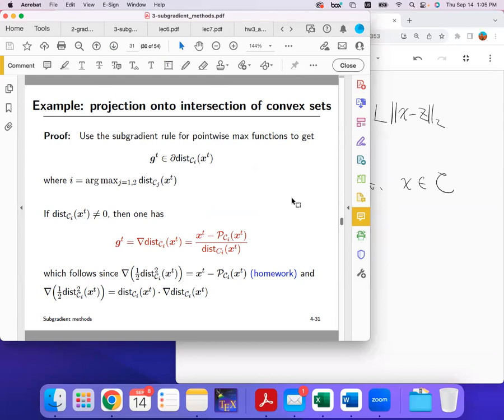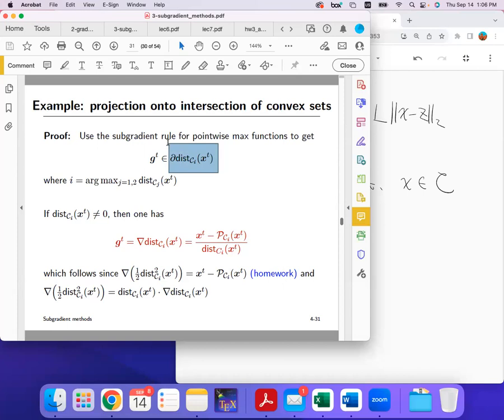And the question is, suppose C_i is that active set, and we have that active distance function. Now, for that distance function, what is the subdifferential?